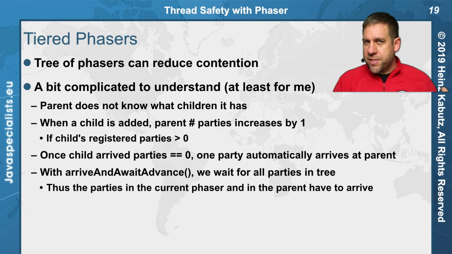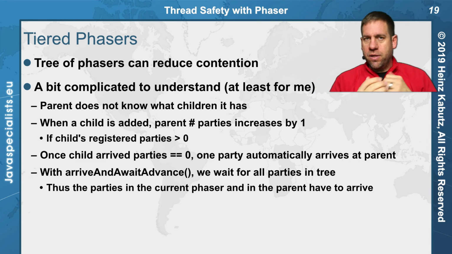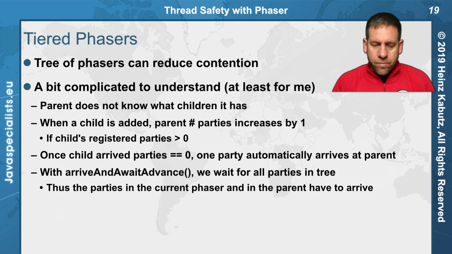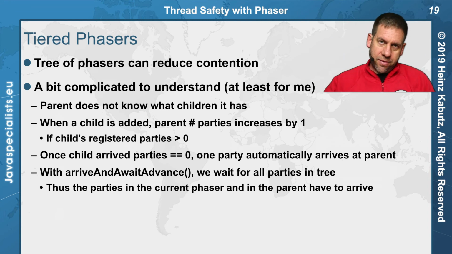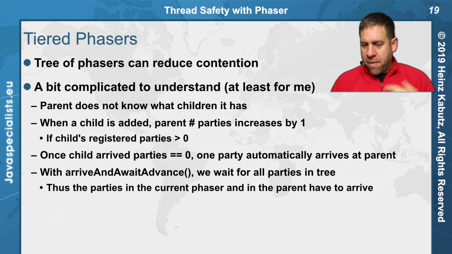The parent's number doesn't increase by the number of registered parties the child has. It just increases by 1 if the child has any registered parties. It's always 1 more. Once a child arrives, parties equals 0, then 1 party automatically arrives at the parent. That's why we only increase it by 1.